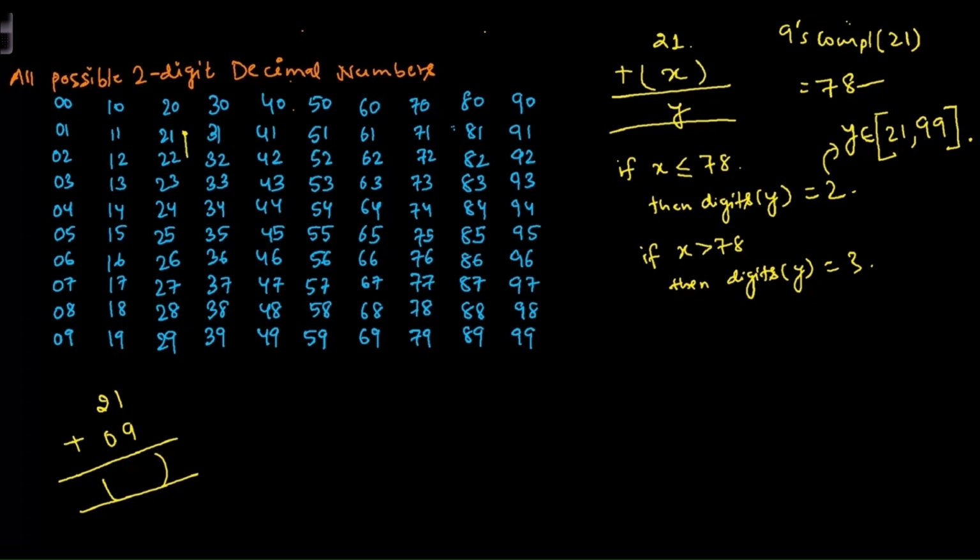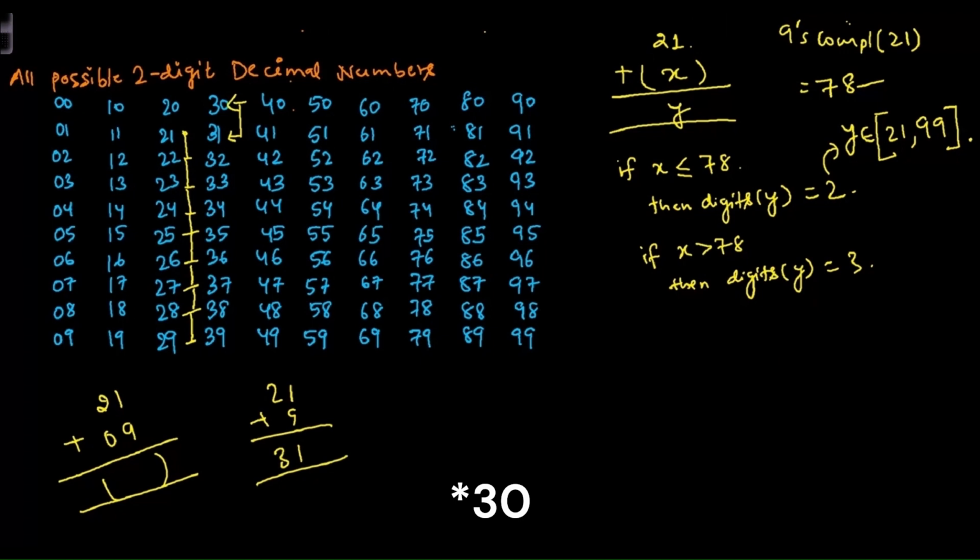So 21, 1, 2, 3, 4, 5, 6, 7, 8, 9. 21 plus 10 will be 31. Anyways, so 21 plus 9 will be 30.